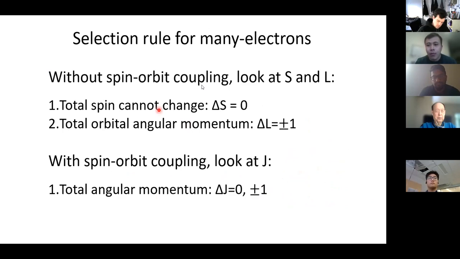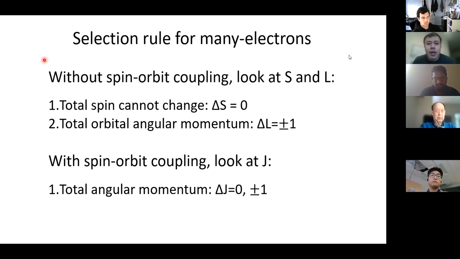And we need to talk about the selection rule for many electron systems. I think we have been talking about the selection rule for a single electron picture for a long time, right? We talk about S to P, which is dipole allowed. We talk about P to D, which is also dipole allowed, right? We also always talk about the delta l, the small l, that should be either plus or minus 1. So that's the one electron picture we are very familiar with in discussing spectroscopies.